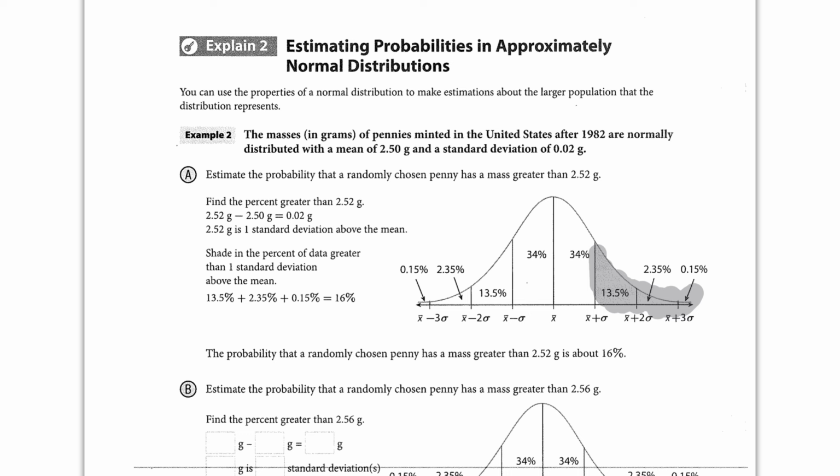That includes the 13.5%, the 2.35%, and the 0.15%, for a total of 16%. And then they sum it up and they say the probability that a randomly chosen penny has a mass greater than 2.52 grams is about 16%.